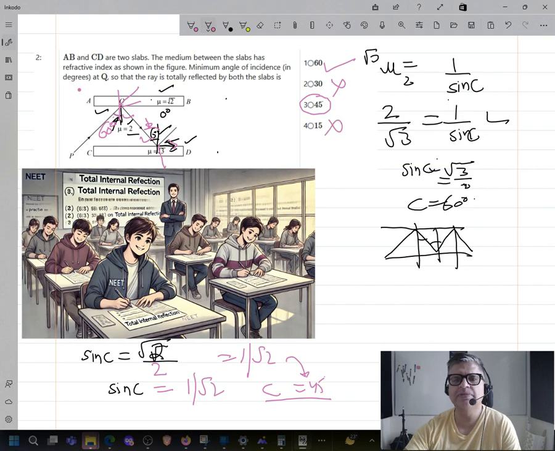At 45 degrees, you will get the critical angle requirement met at the first strike, but you will not come back. So you will have to increase the angle to an extent that you're successful here. And the success here is 60 degrees, because that's the critical angle requirement at strike 2. I hope you like this question. The answer is 60 degrees.